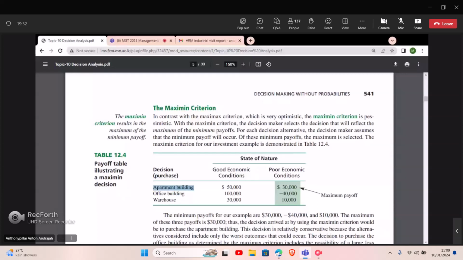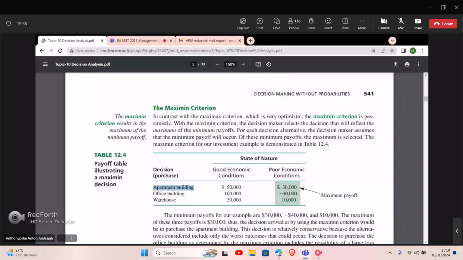According to the statement, the minimum for the first one is 30,000. For the office building, what is the minimum? That means losses, how much? 40,000. Warehouse, what is the minimum? 10,000.